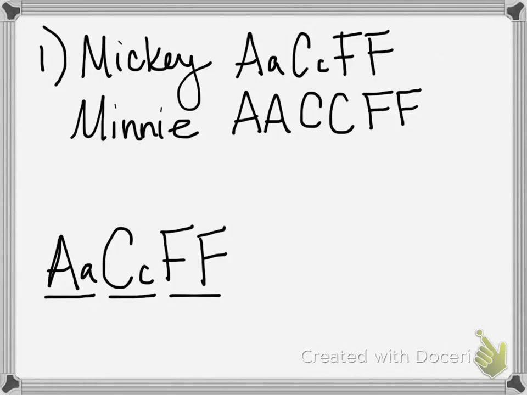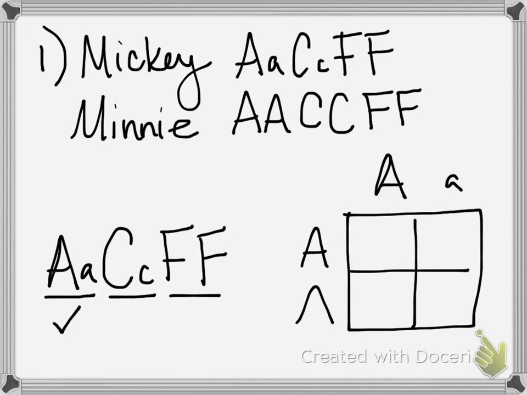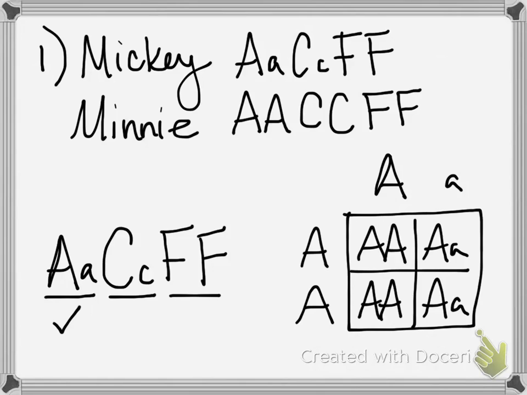First let's look at the A gene. We draw a Punnett square with Mickey and Minnie's genotype. And we see that the probability of their baby mouse being big A, little a is 1/2, 2 out of 4.